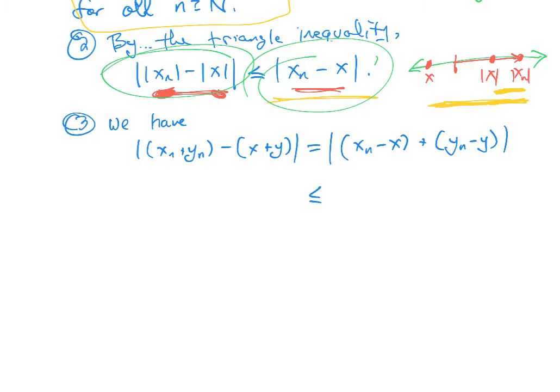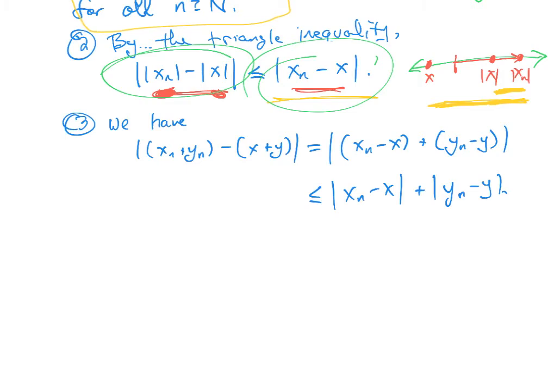Triangle inequality? Yes, the normal form of the triangle inequality, not the form we just used. Now, morally, we're done. xn converges to x, yn converges to y, so everything on the right-hand side can be made small. That means the left-hand side can be made small.